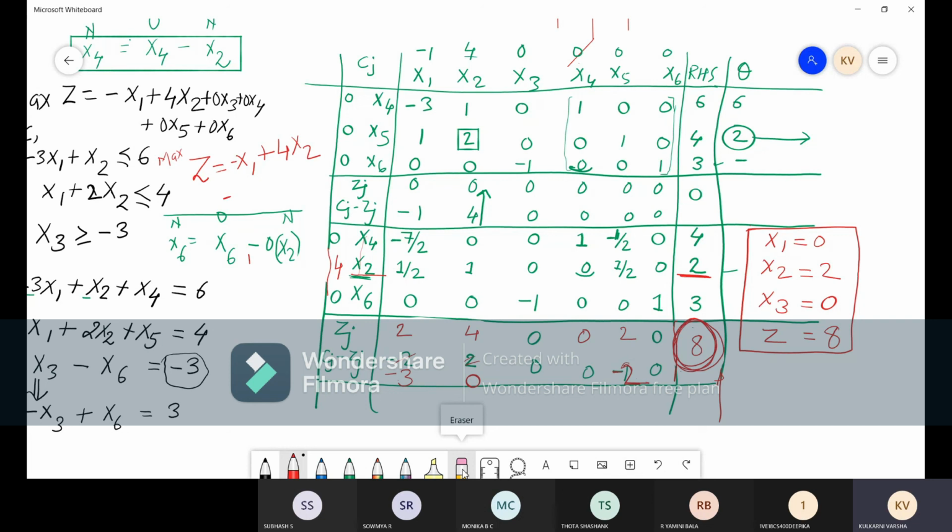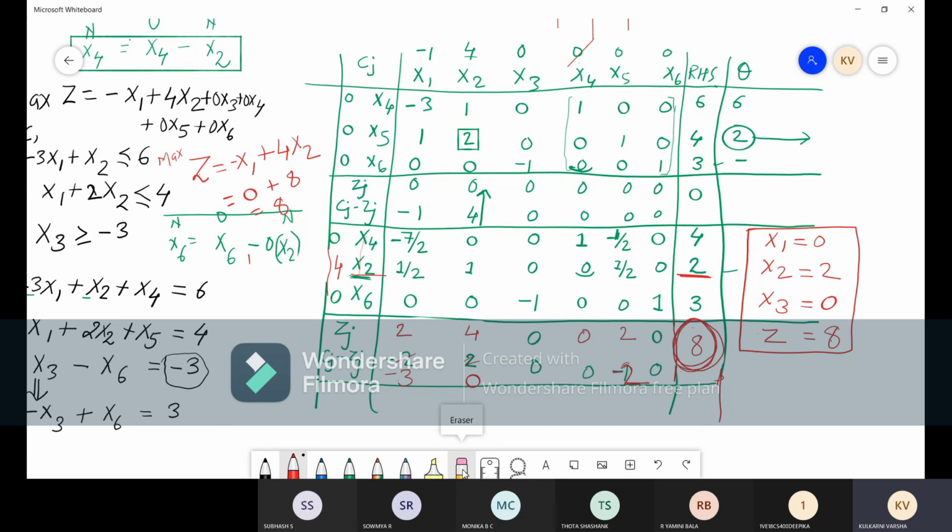Now if you keep the values, see, x1 is coming 0, so this value will be 0, right? For x2 it came as 2, so instead of x2 if you keep 2, 4 into 2 it will be 8. So 0 plus 8 you will get as 8. Z is equal to 8. You got z is equal to 8. Right, so you got the correct answer.